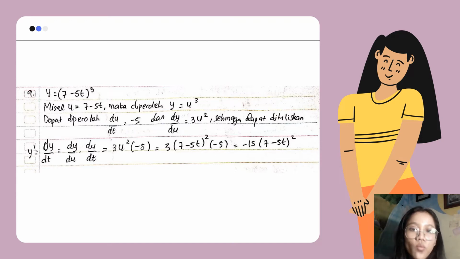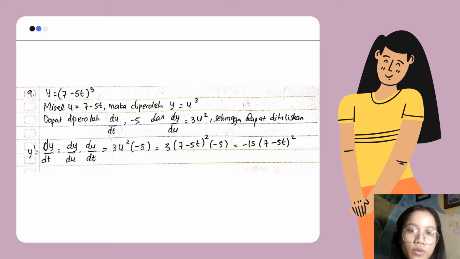And then we can write turunan y terhadap t itu dengan notasi Leibniz itu menjadi dy dt equals dy du times du dt. And then we will replace the du dt and dy du using the substitution. So we have 3 times u square times minus 5 equals.